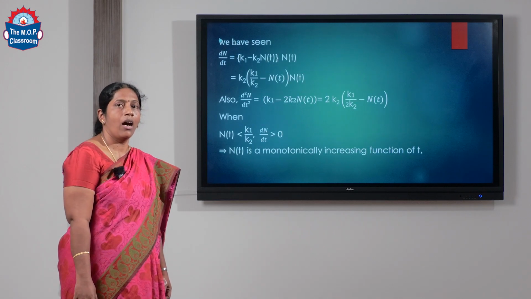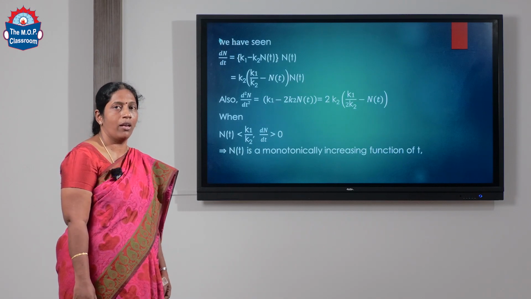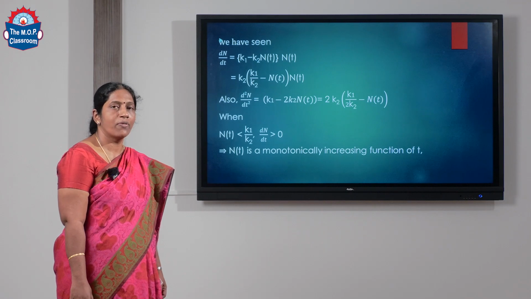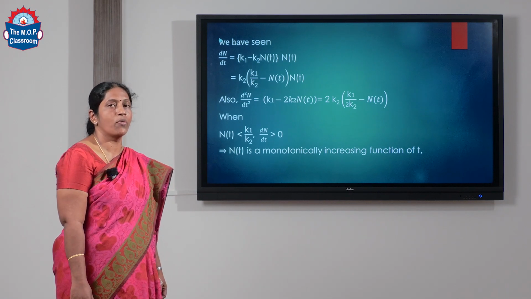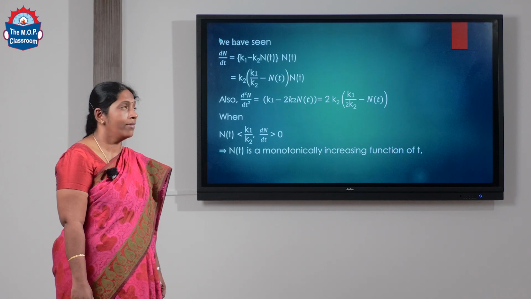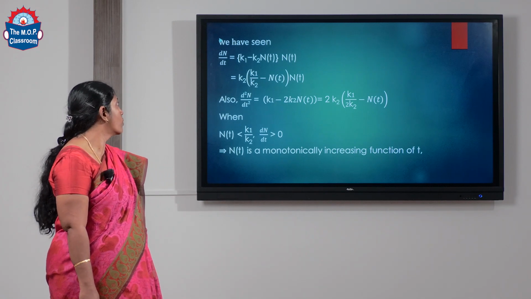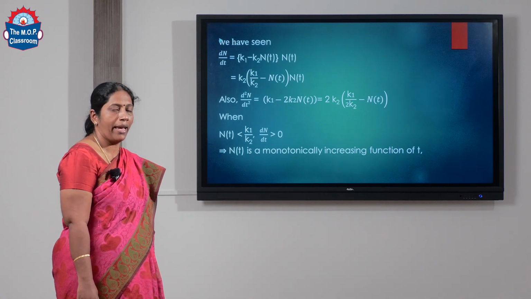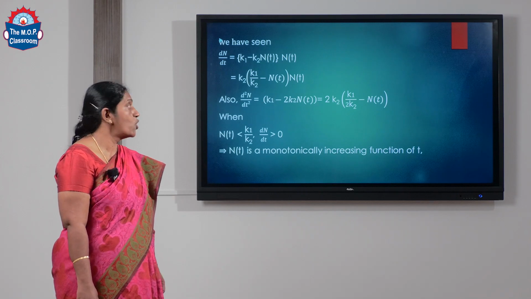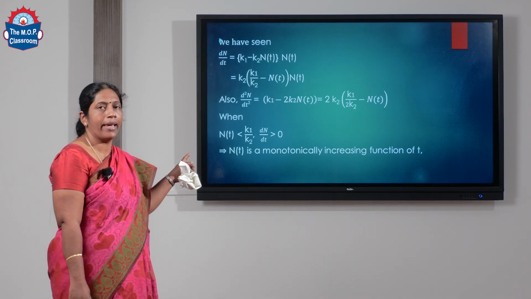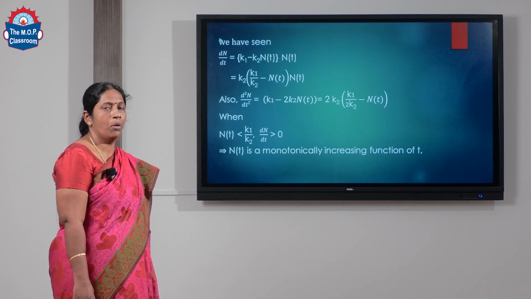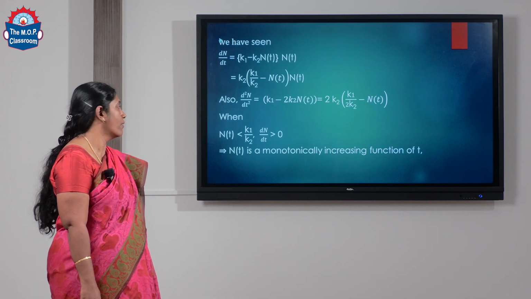Now let us see how the curve for this particular model is sigmoidal, for which we consider dN by dt, which we have already derived. dN by dt is equal to (K1 minus K2 N of t) into N of t, which can be rewritten as K2 into (K1 by K2 minus N of t) into N of t.